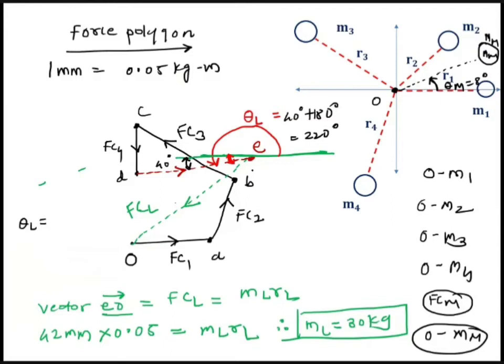Or one more method is that you can draw the line parallel to this vector EO bar. Now what is this vector EO bar? Draw a line parallel to this line. Okay, this is a vector. Now what you will do? Draw the line parallel to this vector. Now you can see that this vector arrow is in the downward direction.